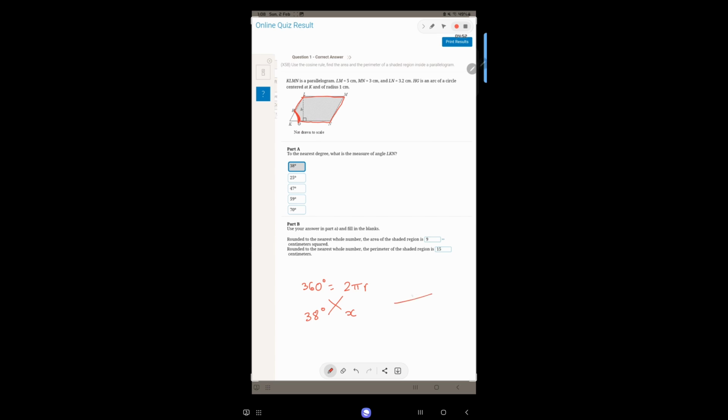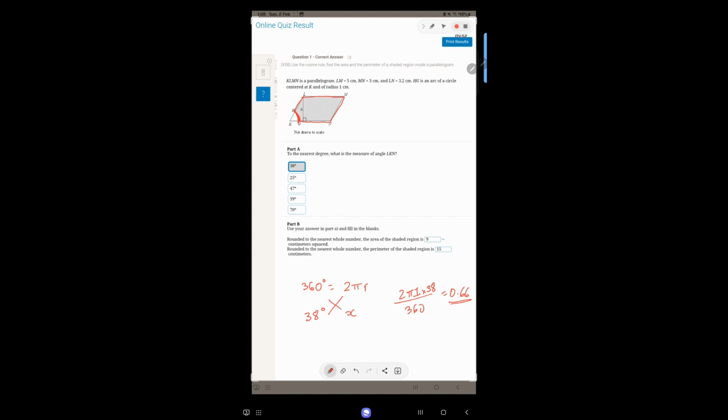Put it on the calculator: 2 pi r, where r is 1, times 38. You should get approximately 0.66. So you found the arc length here, 0.66.